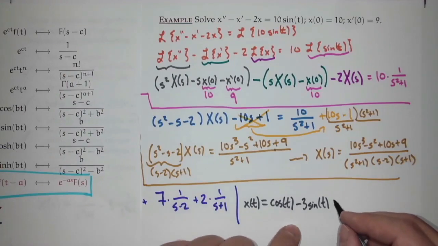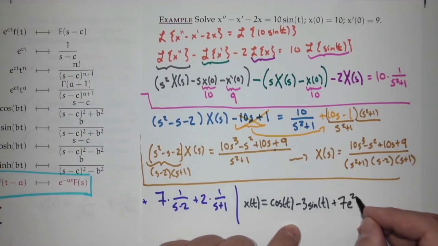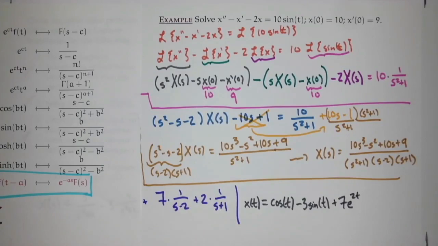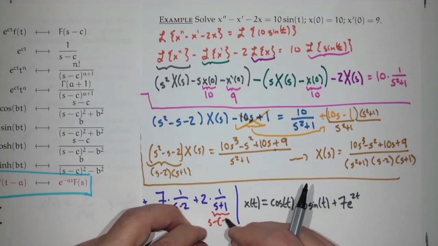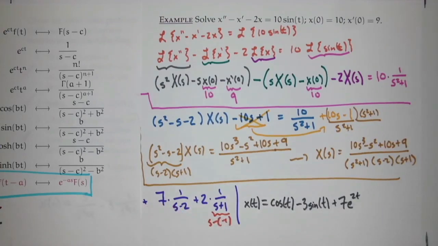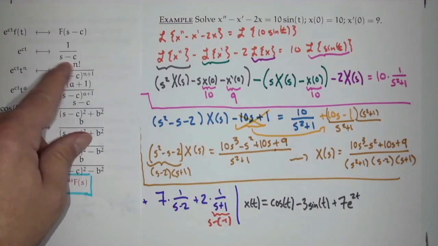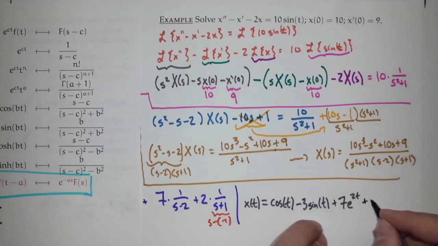So plus 7 e to the 2t. 1 over s plus 1: you can think of this as s minus minus 1. So it'd be plus 2 e to the negative t.